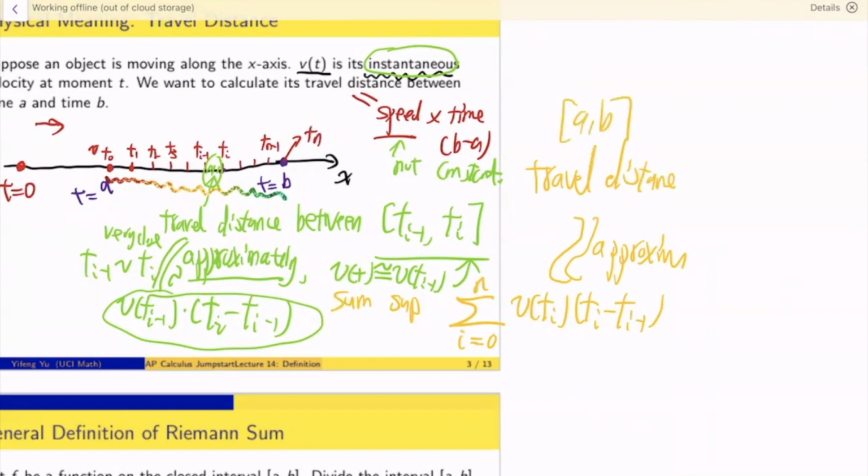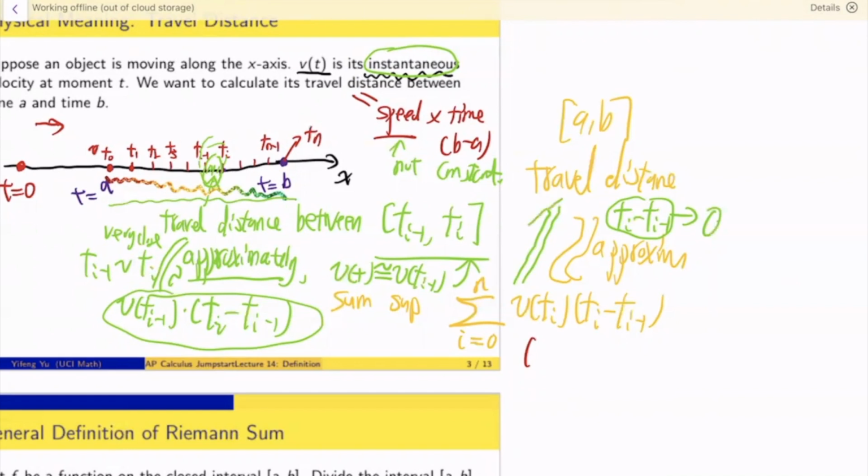Now they are not exactly the same, but how can we make them the same? We say, all right, if I let this time interval get smaller and smaller, if I let t_i minus t_{i-1} go down to 0, that means the partition gets finer and finer.